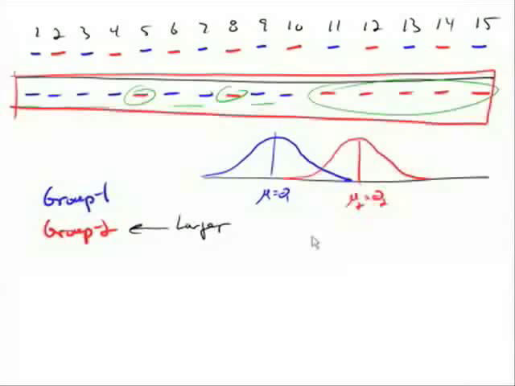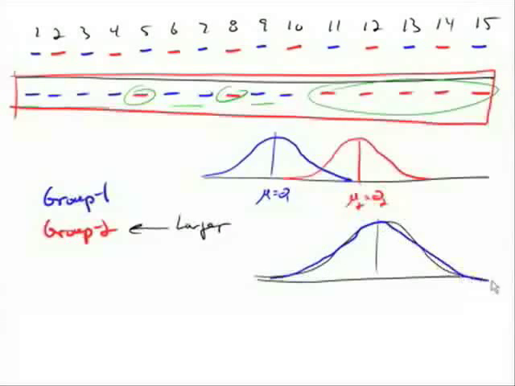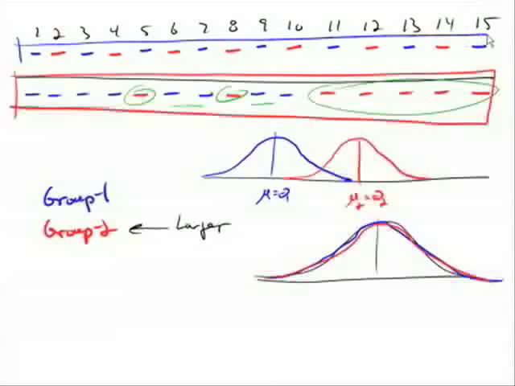Now, on the other hand, if both of these came from the same distribution, so here's my blue curve, here's my red curve, it's actually the same distribution, then this scenario would correspond with these ranks.